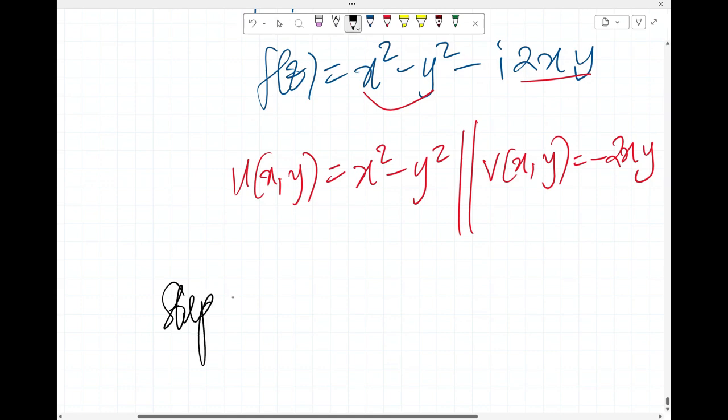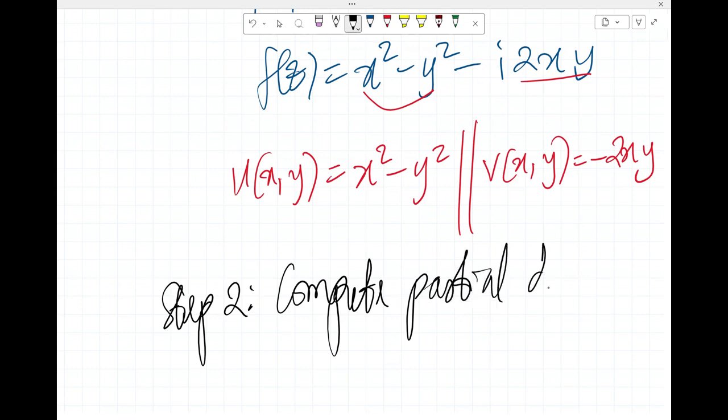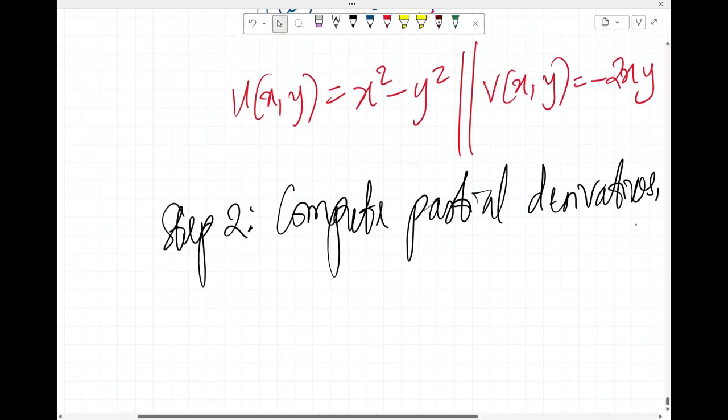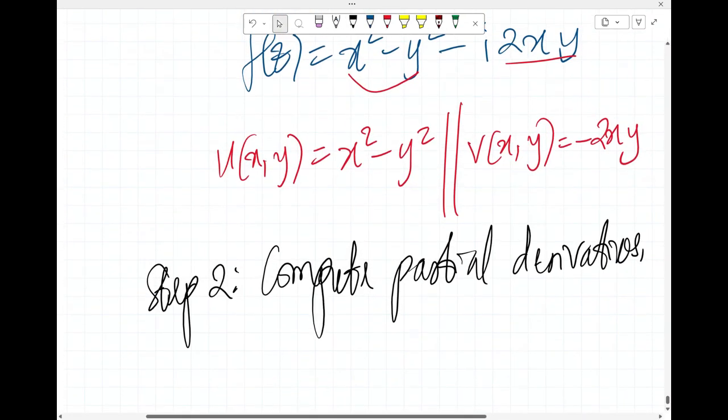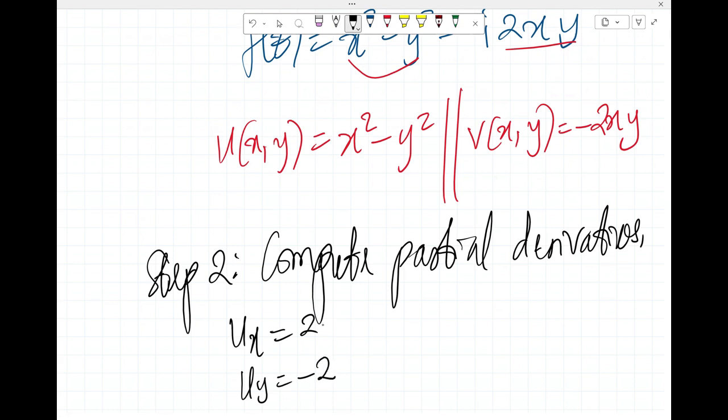Step two, we compute partial derivatives. So here we have u sub x, differentiate u with respect to x, that's 2x. Then you get u sub y, that is minus 2y.